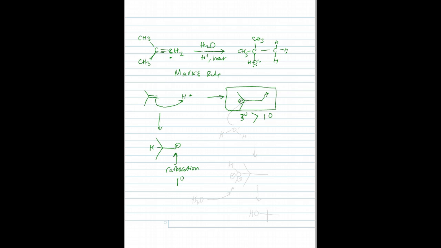So that means your water is going to attack at this carbocation on this carbon. So that's where your OH ends up. Just to finish up the mechanism, water comes into here. I'm not going to write that hydrogen in there because we know it's there. I'll give you the plus. And then another water molecule is going to come in and pluck that off.